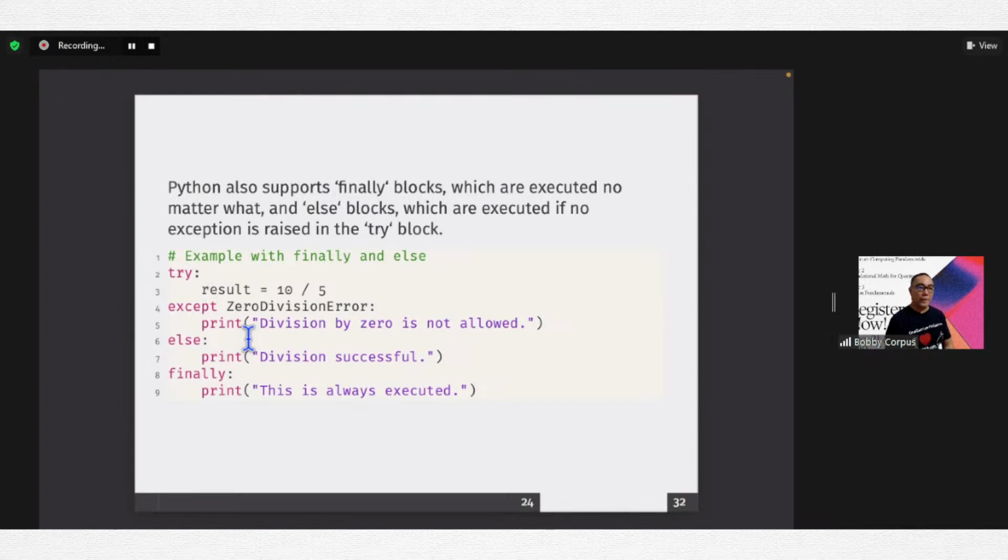That's why you have to close your file in the finally block, so that whether it has an error or not, it will always close whatever resources your program was using.